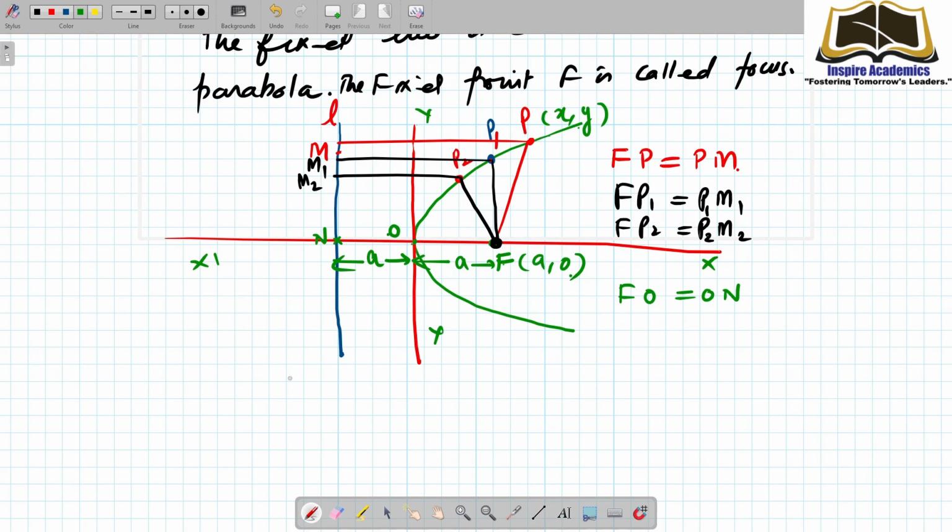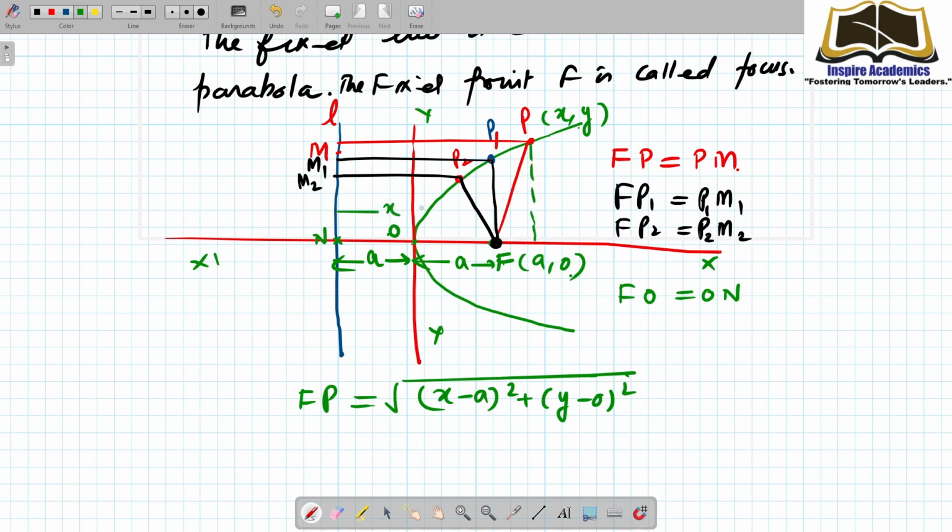Now what is, in general, what is FP? FP is under root x minus a whole square plus y minus 0 whole square. We put a distance formula for FP, and also the coordinate of P would be, we can take this distance as x, and this would be a.